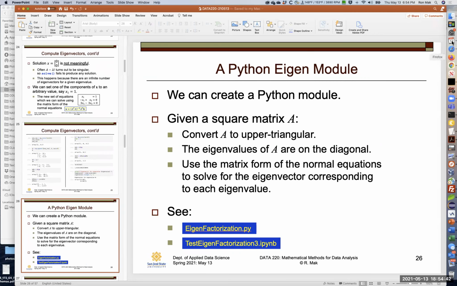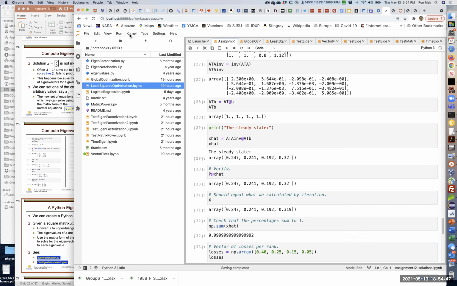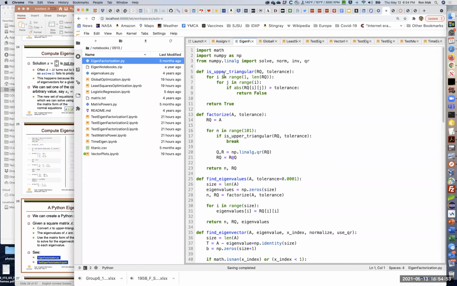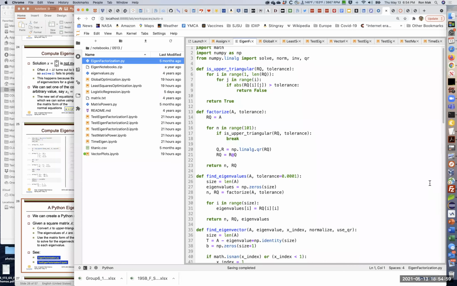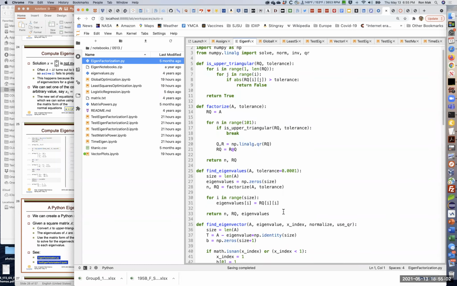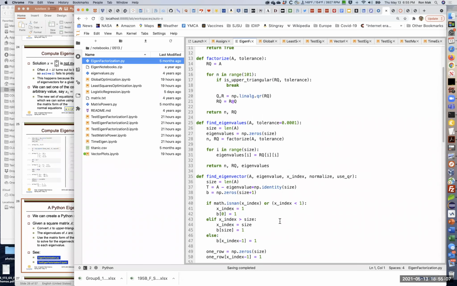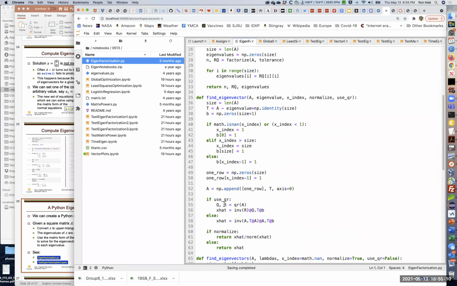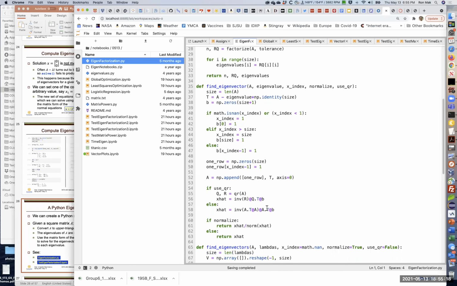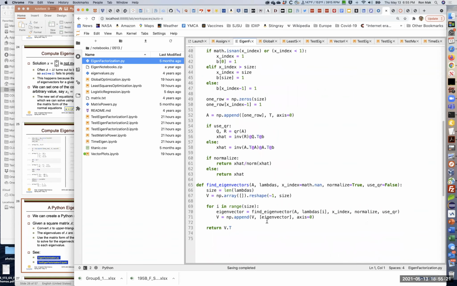There's eigenfactorization, checking upper triangular, factorizing, finding the eigenvalues, which of course is just reading off the diagonals of the upper triangular matrix, and then finding the eigenvector, where it looks like I'm using QR factorization to actually solve that system. And then that gives us the eigenvectors.